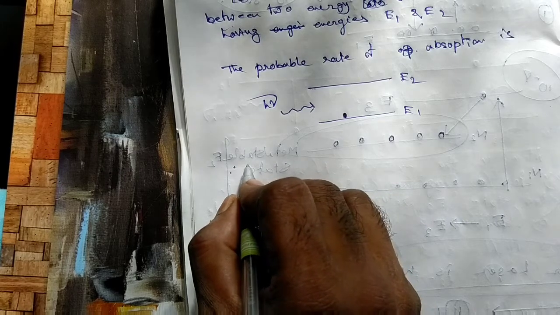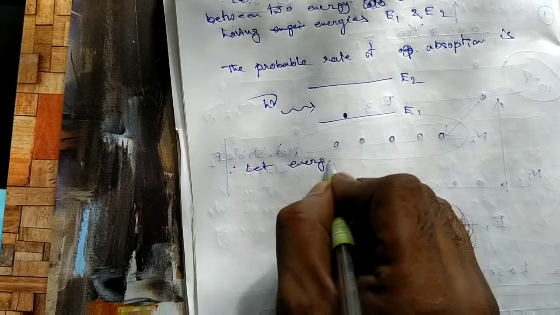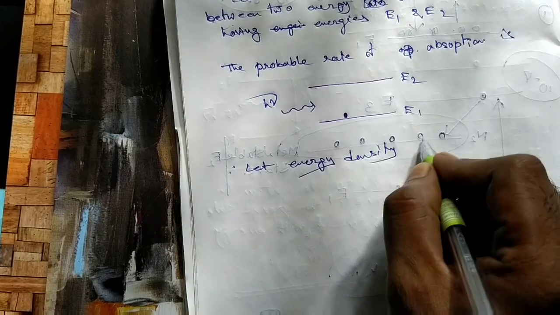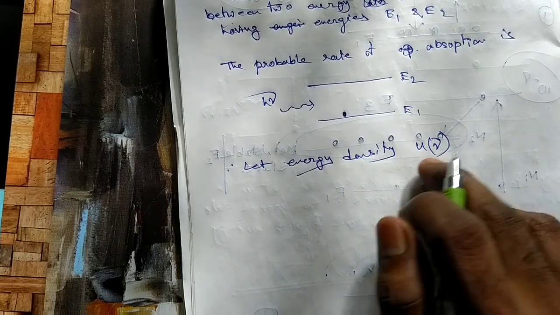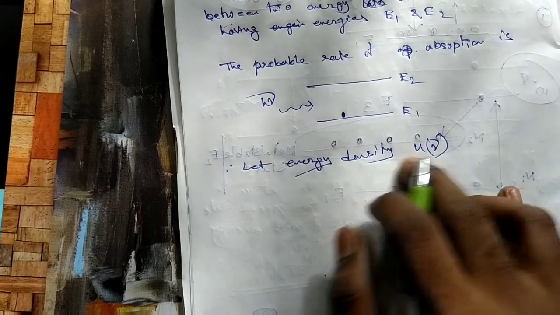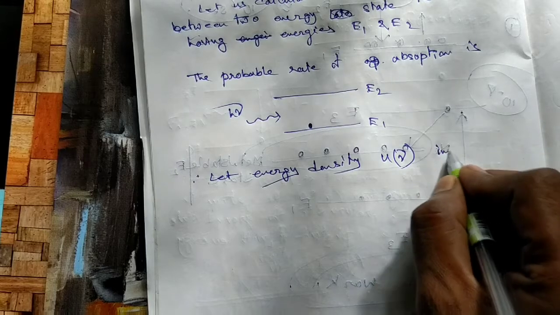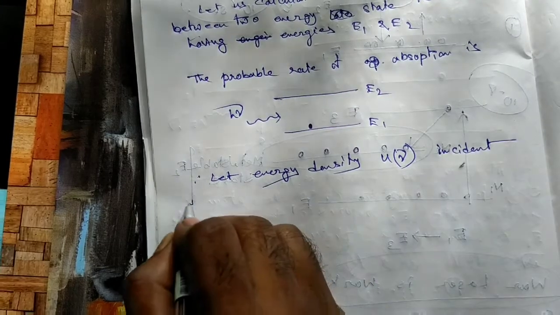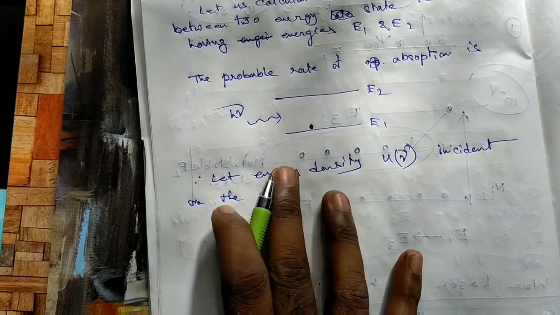Let the energy density, written as u, a function of nu, energy density as a function of frequency, be incident on the atom.